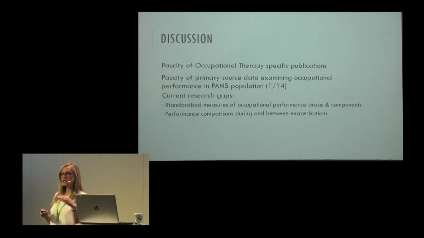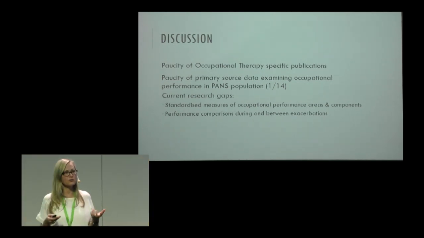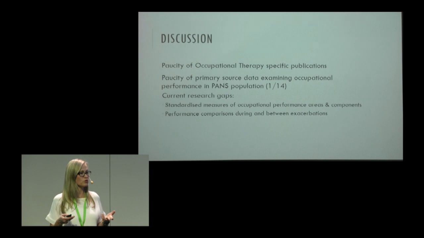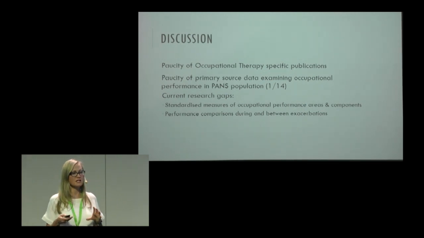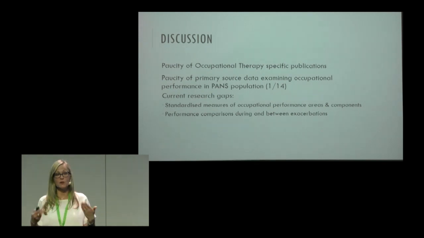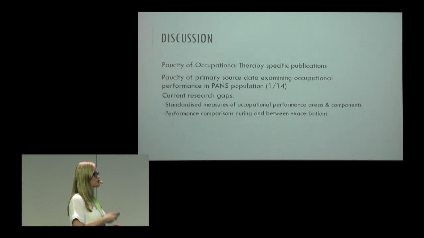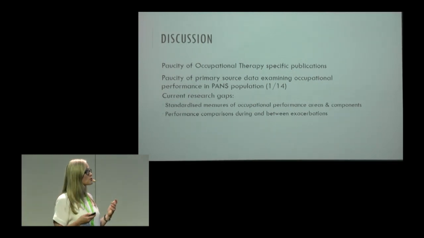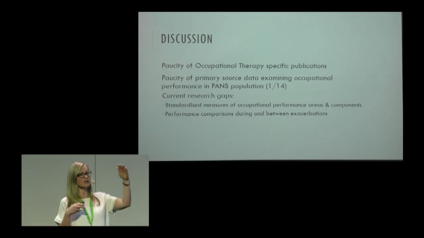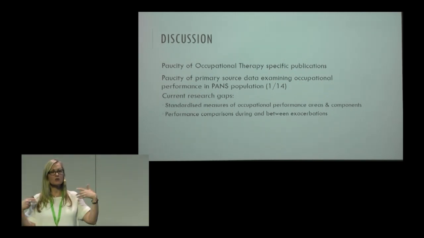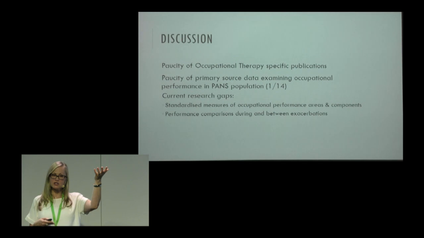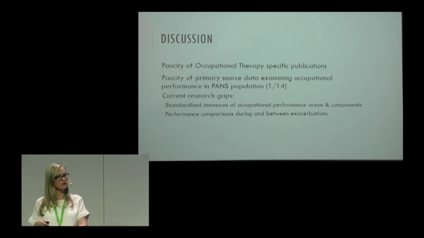The article that looked at occupational performance in children with PANDAS used a researcher-developed questionnaire. So we believe that we need more standardised assessments to gauge the true level of impact. And we want to look more at the performance comparisons during and between exacerbations. A lot of the research is talking about what's happening during exacerbations, but no one's really looking at what's happening between exacerbations.